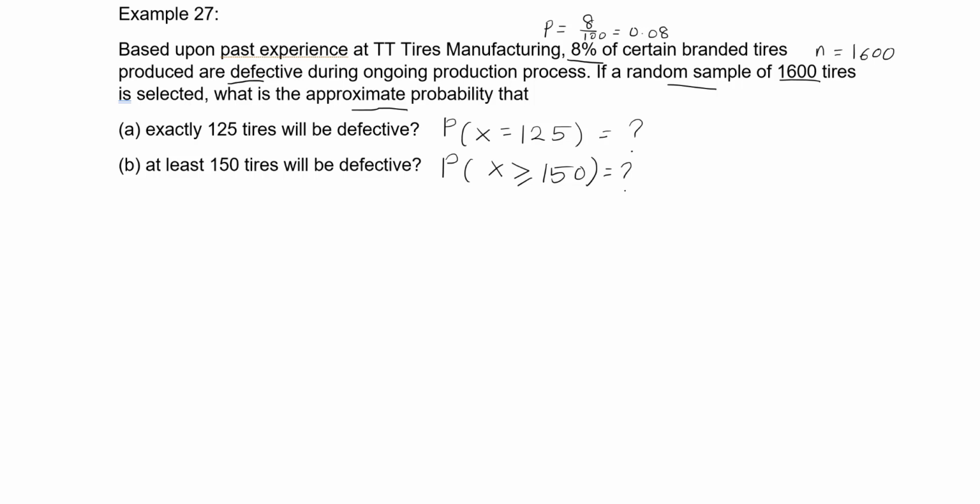So we have the binomial, with N 1600 and P 0.08. Now the N of 1600 is considered as large.